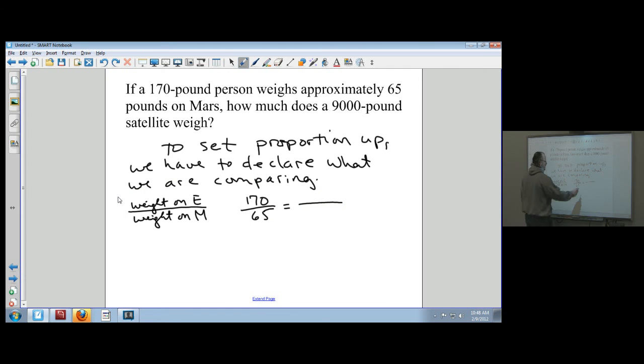So the 9,000 would go in the numerator and our unknown would go down here. Now the question is, do we have a ratio? Yes, we certainly do have a ratio here. A ratio equals a ratio is a proportion. So we can use cross products.